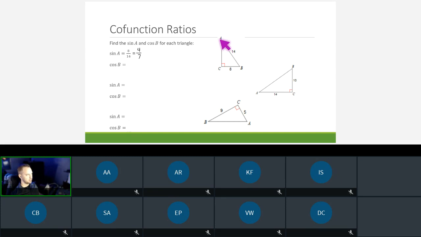So this is the sine of angle A. That's why it's opposite over hypotenuse. The cosine of angle B. So now our point of reference is this angle here. So cosine is adjacent. So adjacent is the 8, and hypotenuse would still be the 14. Hopefully that kind of clears it up.